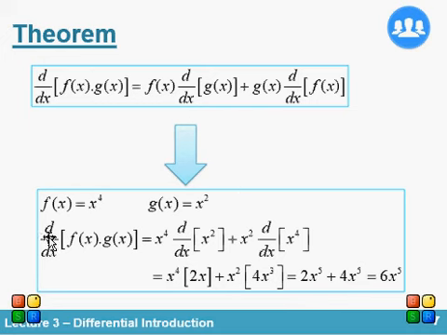Using this rule, we use the basic f(x), which is x to the power of 4, times the differentiated g(x), plus the basic g(x) times the differentiated function of f(x), and the differentiated function becomes like this.